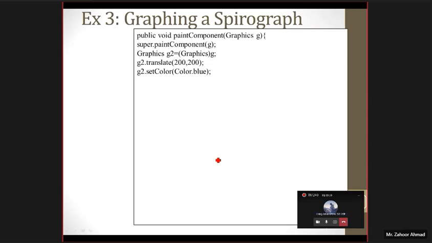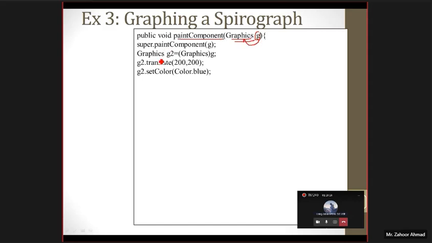Now see how we are going to write it in this program. Always you need to start from the paintComponent, writing here that it belongs to the Graphics class, and then you are going to declare the variable g, which belongs to the Graphics class.